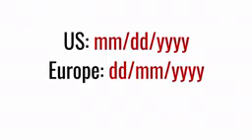Now in the US the date format is MMDDYYYY, but in Europe we have dates first. So in Europe, if you want to say 5th January, you will say it like this.